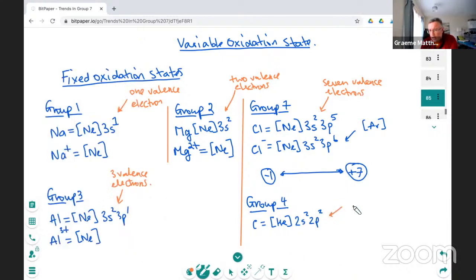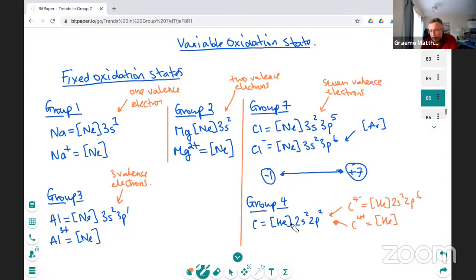So you could have carbon with a -4 oxidation state, which would be helium 2s2, 2p6, or on the other hand, you could have carbon be +4 because you could lose the 4 valence electrons, and this would be helium.